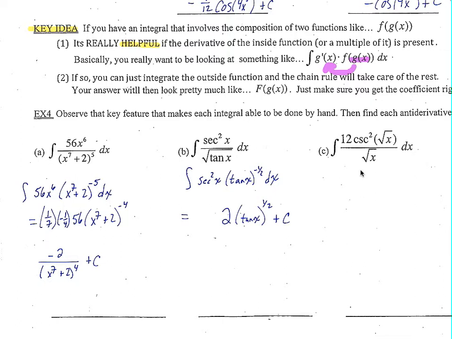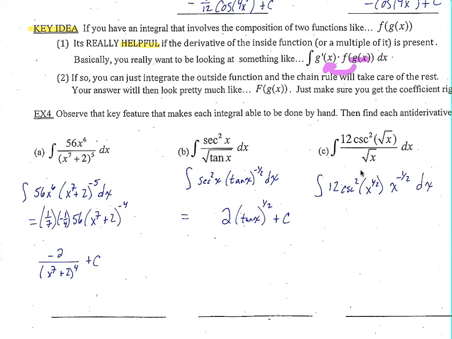The last one, again, I'm going to rewrite this as 12 cosecant squared square root, actually hold on, we'll write this as x to the 1/2 times x to the negative 1/2 dx.